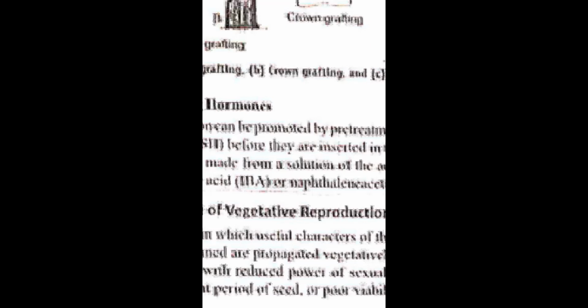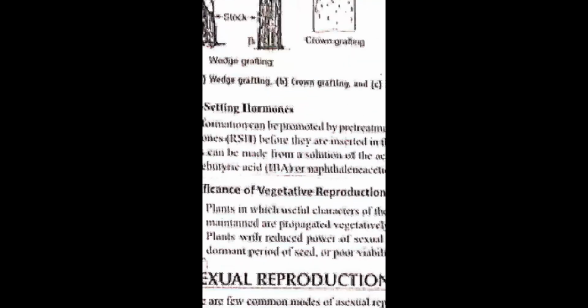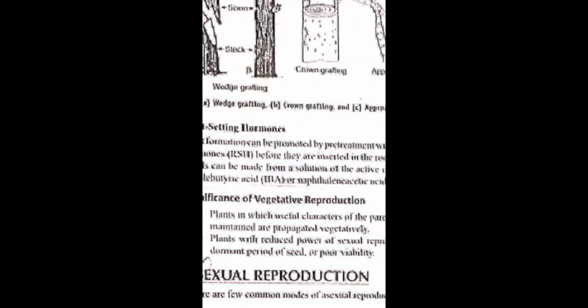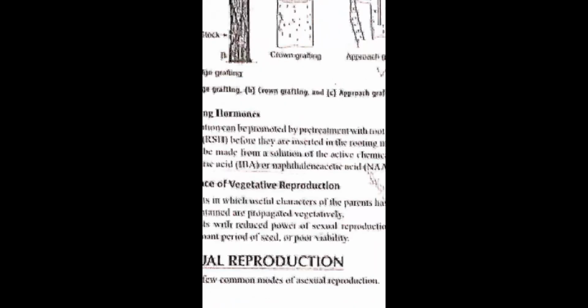What is the significance of vegetative reproduction? Some of the significance in plants: vegetative propagation is used where useful characteristics of the parent have to be maintained. I already told you, suppose you take one supporter plant with good quality, meaning sweet taste, but the size is very small.